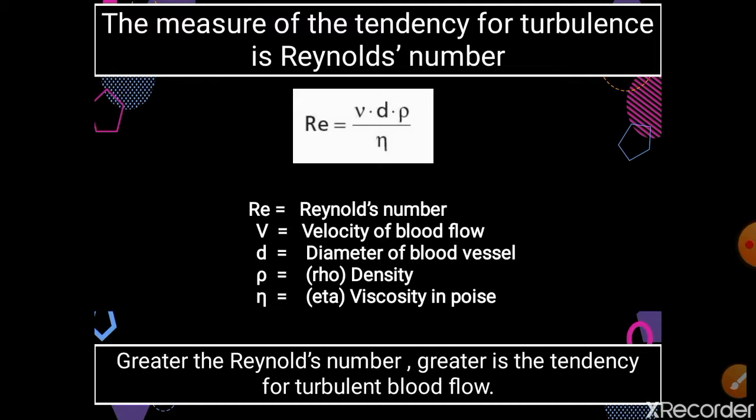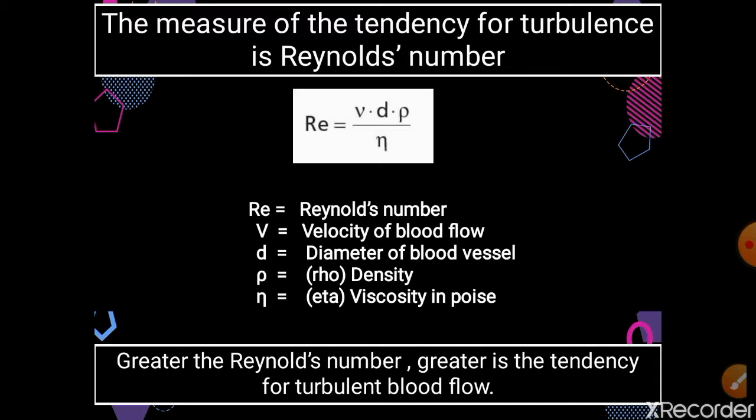As the velocity or the speed of the car increases, there are more chances for this car to skid and move out of its lane and into the lane of other cars, causing turbulence. Same is the case with blood. As the velocity of blood increases, the chances or tendency of turbulence increases.